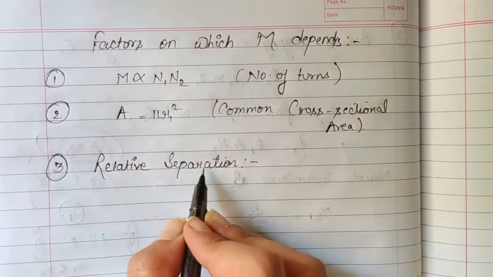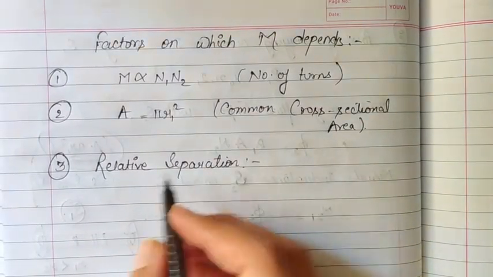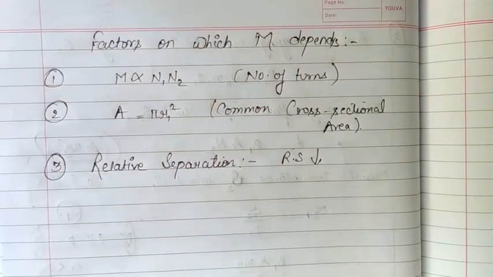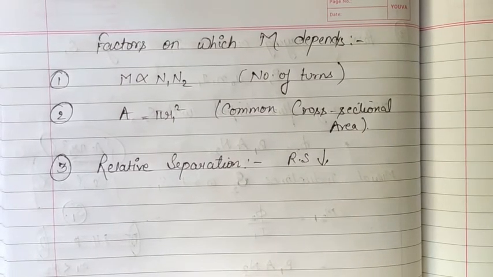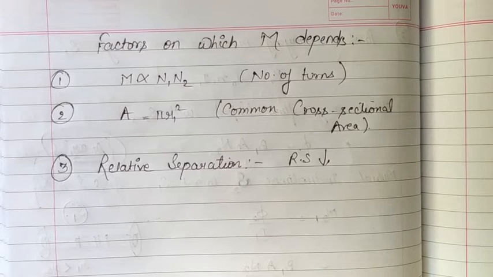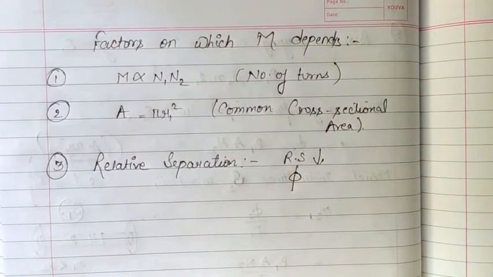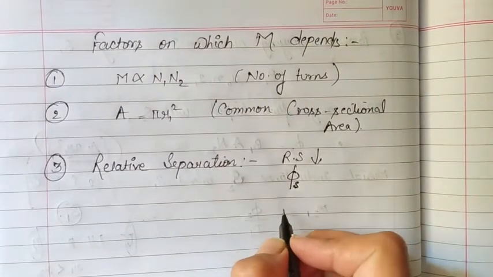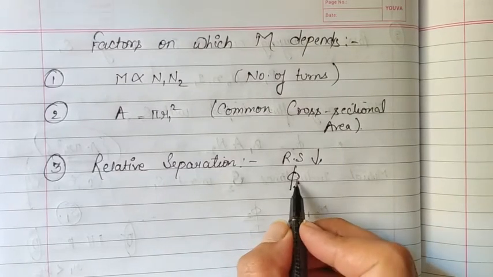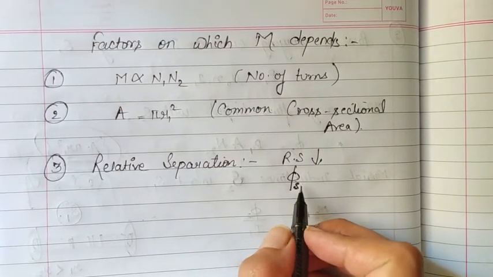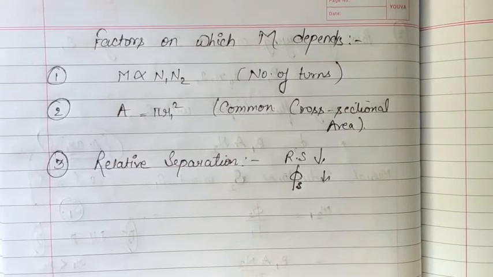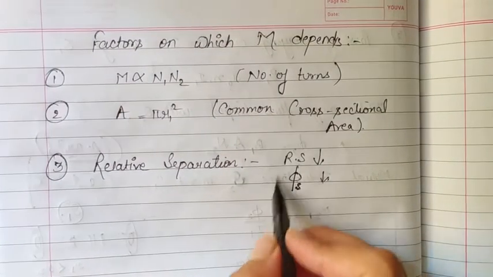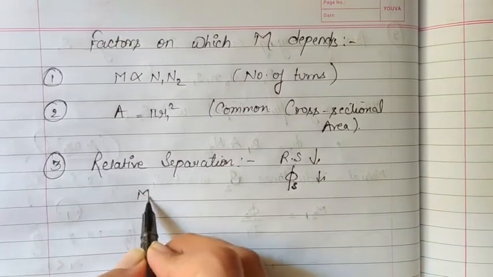We are talking about the separation or the distance between the two coils. So if this relative separation is large, that means the two coils have some distance between them, they are a little far from each other, and because of that the magnetic flux that is linked with the secondary coil because of the current in primary coil, right? The magnetic flux linked with the secondary coil because of the current in primary coil will also be less, and if this magnetic flux is less, the value of M will also be less, because M is equal to phi S upon IP.